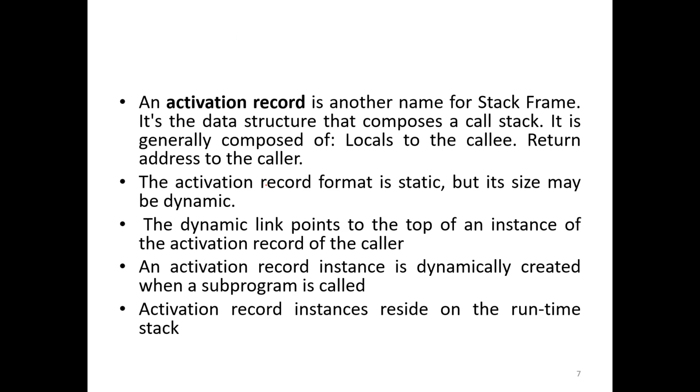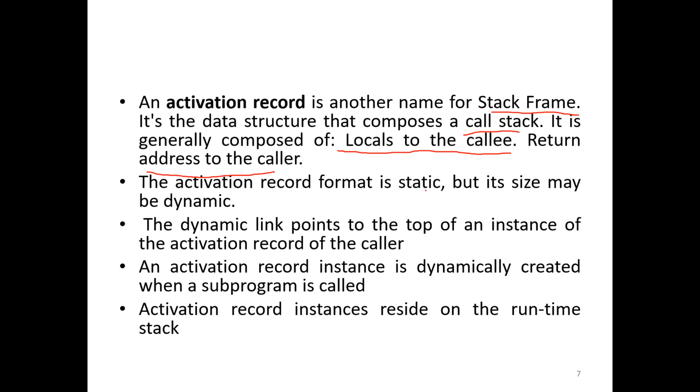Okay. So this activation record is another name used for the system stack frame. It is a data structure that composes the call stack. It is generally composed of locals of the calling function and the return address. These two pieces of information are put. The activation record format is static, but the size is growing.